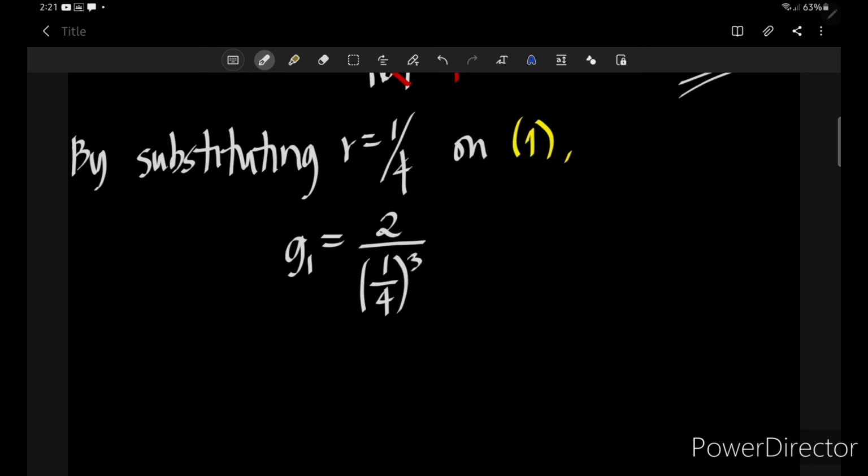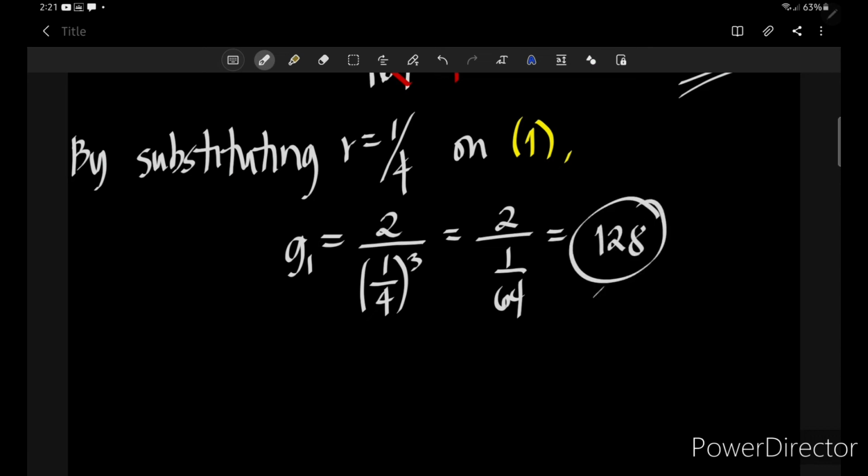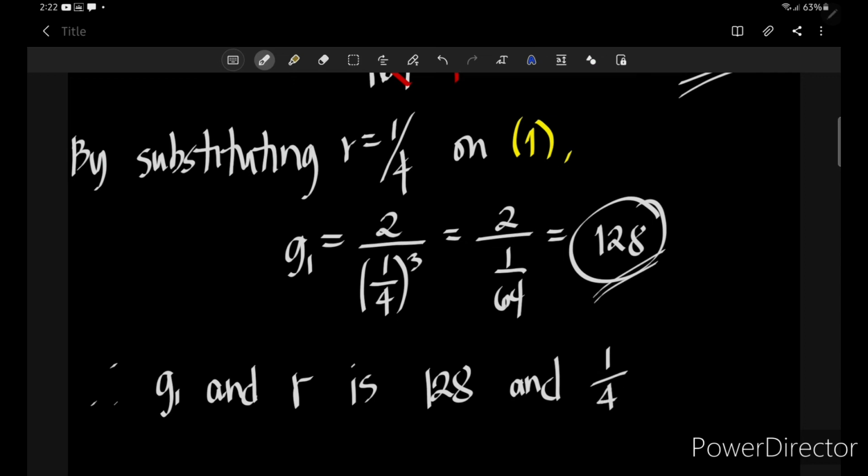And this is equal to what? 2 over 1 over 64. Simplify, we will obtain 128. Therefore, g sub 1 and r is 128 and 1/4 respectively. And we are done.